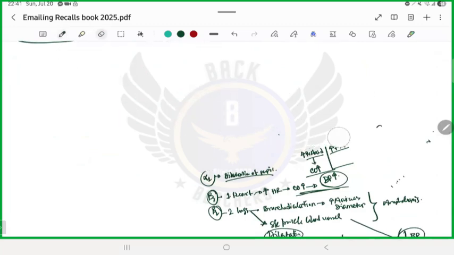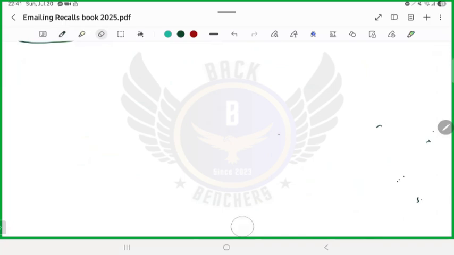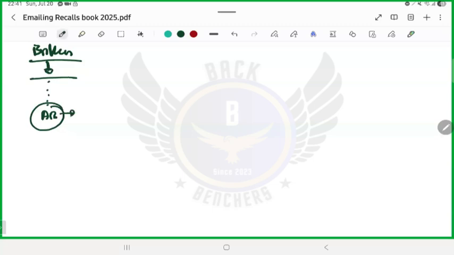Now when we have a neurogenic shock, that is, when this chain is broken, what happens? The sympathetic signal goes, but it does not reach the adrenal medulla. That means we have no norepinephrine. So alpha 1 is gone.